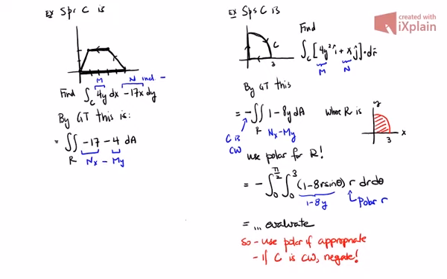Now, notice when you do this, you get something nice. You get the integral over r of negative 21 dA. You might say, okay, let's parameterize r. The r in this case is a trapezoidal region.